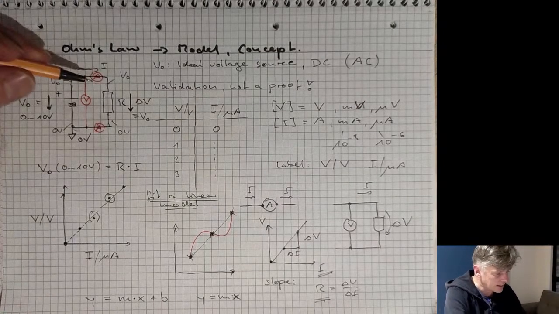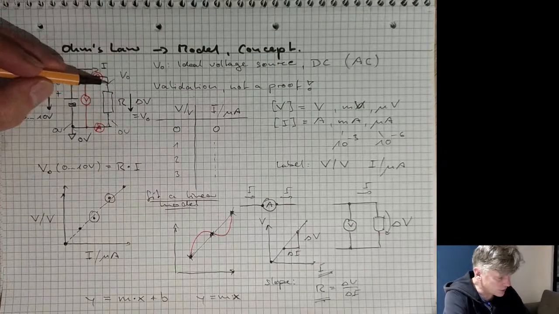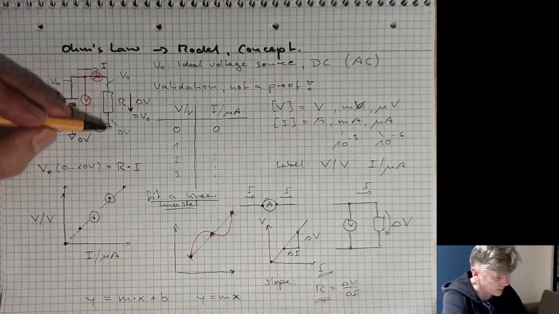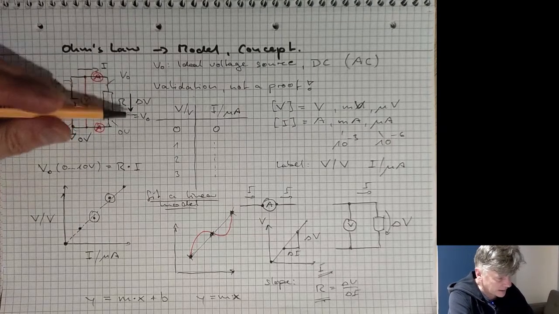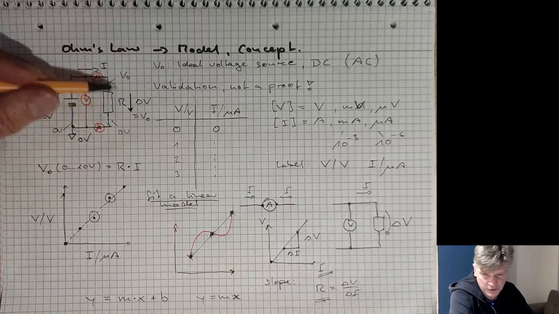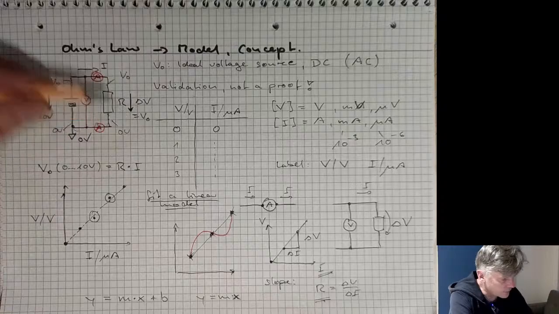Okay, so let's have a look at the resistor again. You see, we have positive charges here, and we have a voltage drop, and we can count this voltage drop to be positive, right? You can also say that's a voltage drop of minus 5 volts across this resistor.